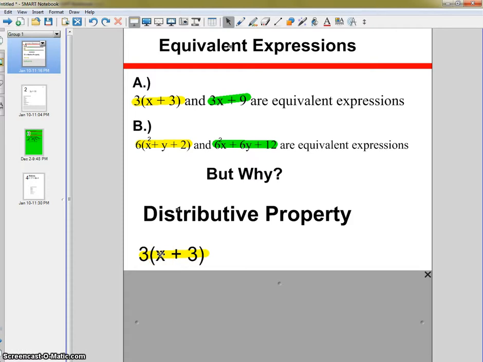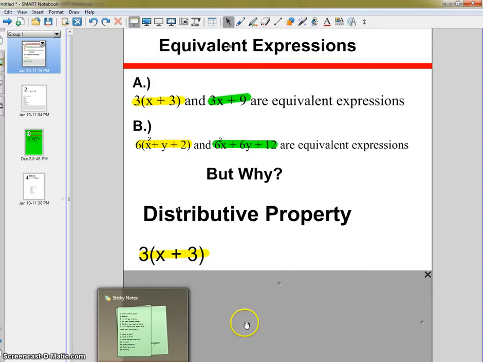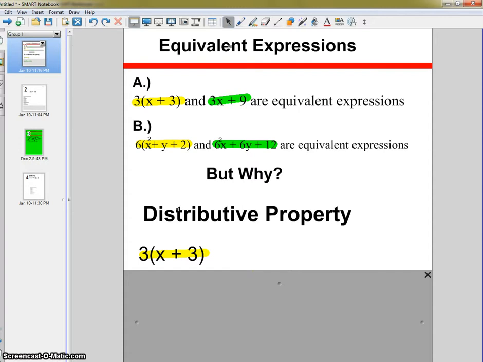I'll write an equivalent expression using the distributive property. There will be something distributed, and I want you to try to notice what that is and compare what you've done on your paper with what I'm about to do. Okay? Because it may or may not be similar. So this is a great chance for you to compare your thinking with your teacher's thinking before you even get to class and compare yours with your classmates.